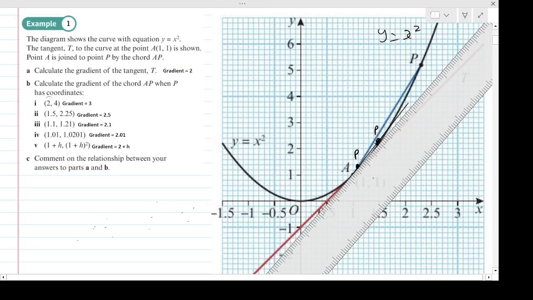So when we move the point P on my curve closer to A, originally x is 2, then x is 1.5, then x is 1.1, the gradient is 3, then goes down to 2.5, then 2.1.